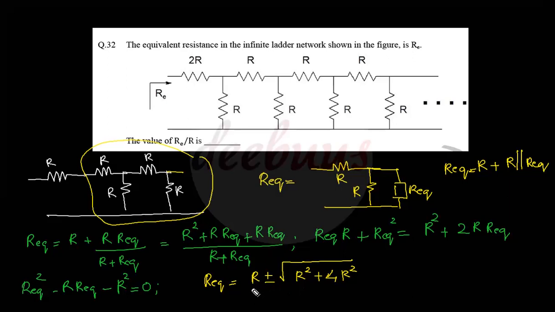Divided by 2A, so A is 1, so 2, right? That is equivalent to R plus or minus root of R square plus 4R square, which is 5R square, right? So root 5R by 2. Again taking common R, so R into 1 plus or minus root 5 by 2, right?